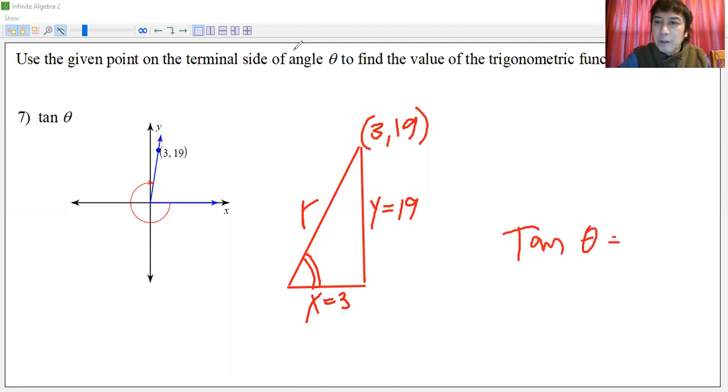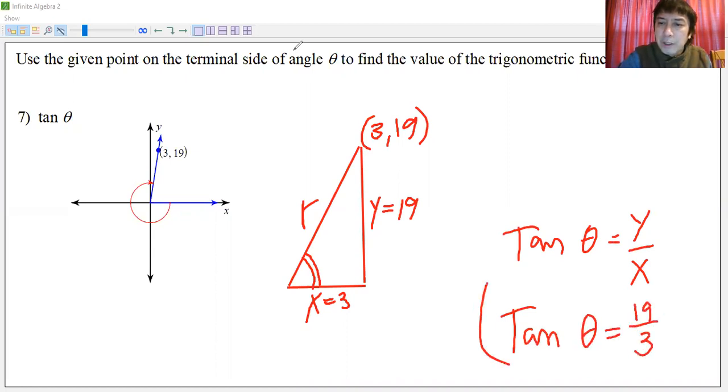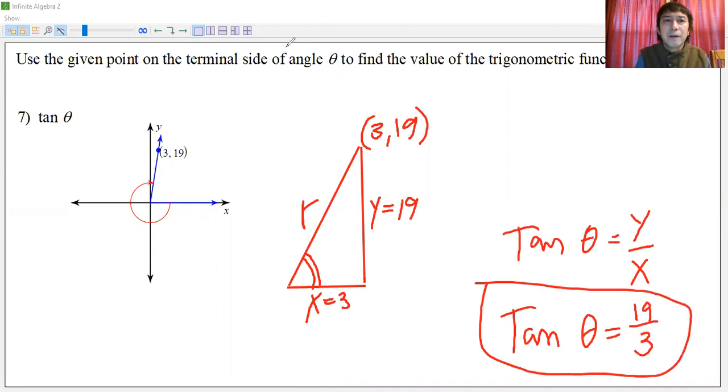Tangent theta is y over x, so our answer will be just 19/3. And that's it. Let's check and verify the answer. Is it 19/3? Yes, the answer is over here.